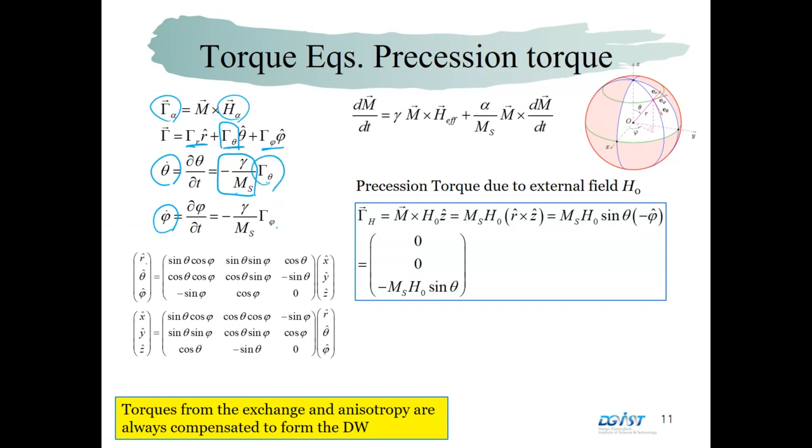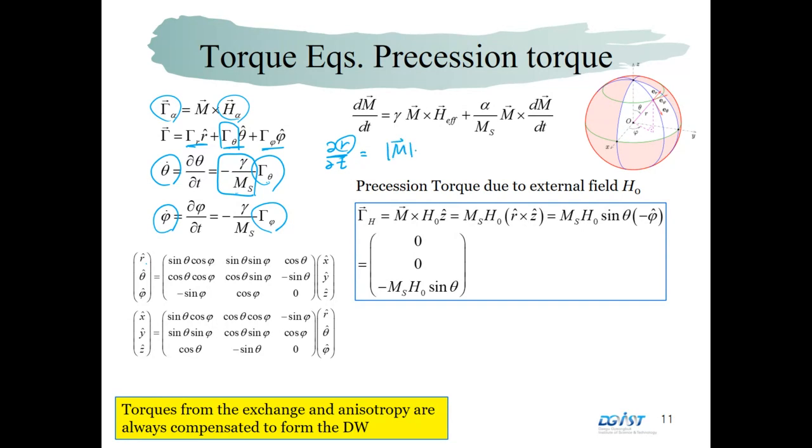So if we obtain the torque in the theta and phi directions, we can obtain theta dot and phi dot. But we are not considering the r part, because r is the magnitude of this magnetic moment, which we consider constant.